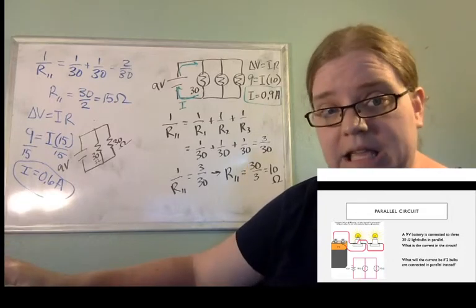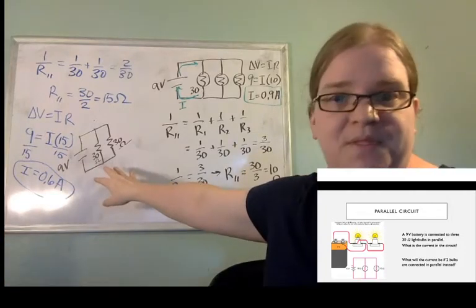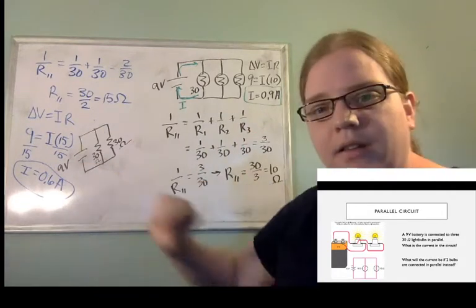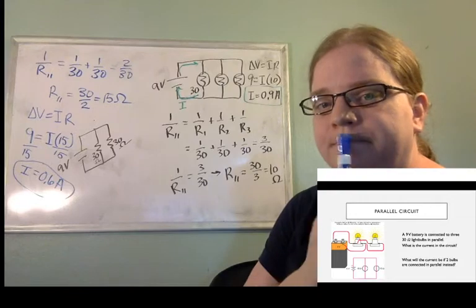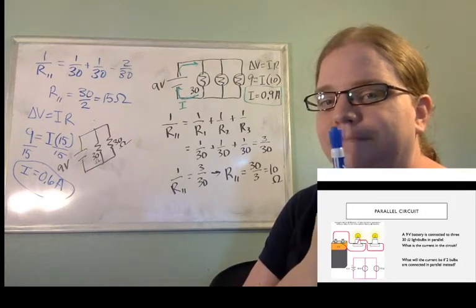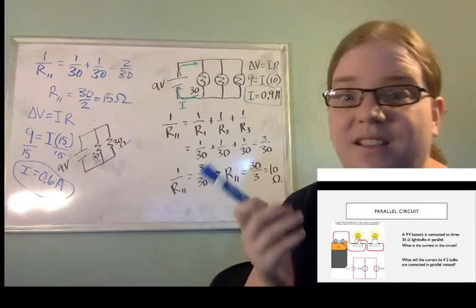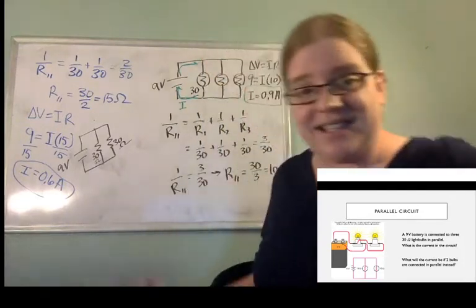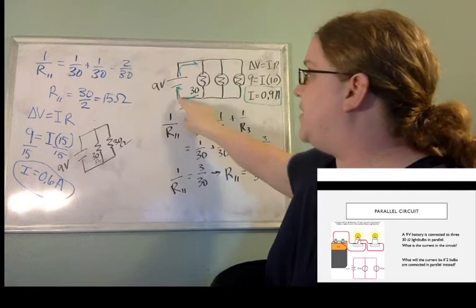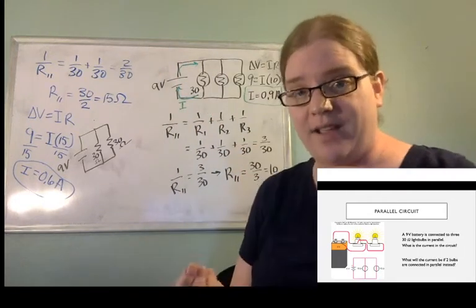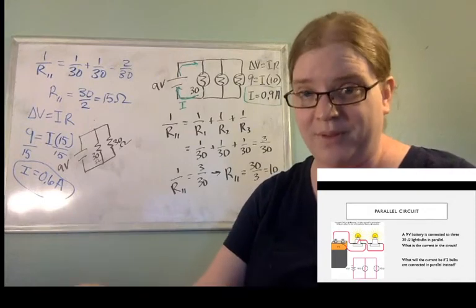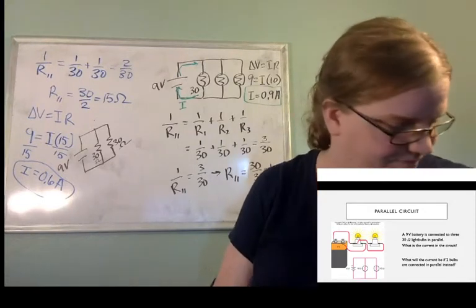If anything, fewer bulbs might have been slightly brighter. But this current is smaller. Something is afoot. We only found the total current through the battery. We did not find the current through each light bulb. So let's do that now.